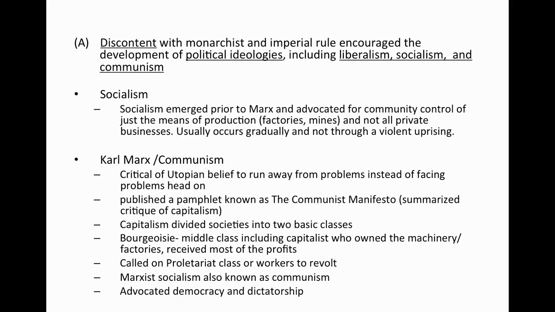Marxist socialism is more commonly known as communism. Think of community or coming together. Under communism, every corporation, business, and the means of production are all owned by the workers, or community control. There is no private ownership of business. That's not the case today in China.